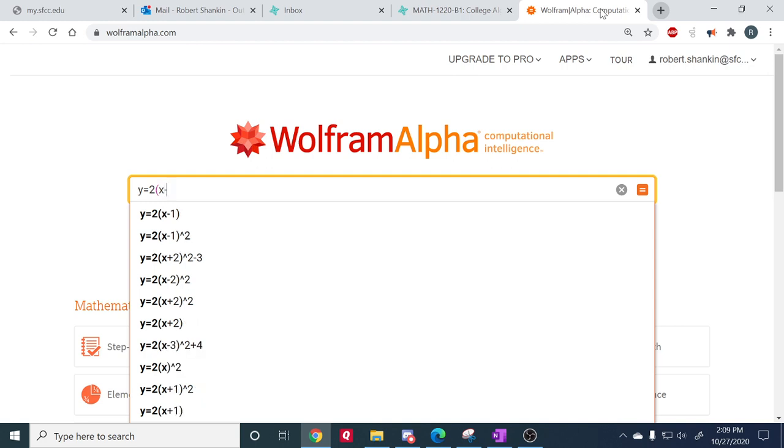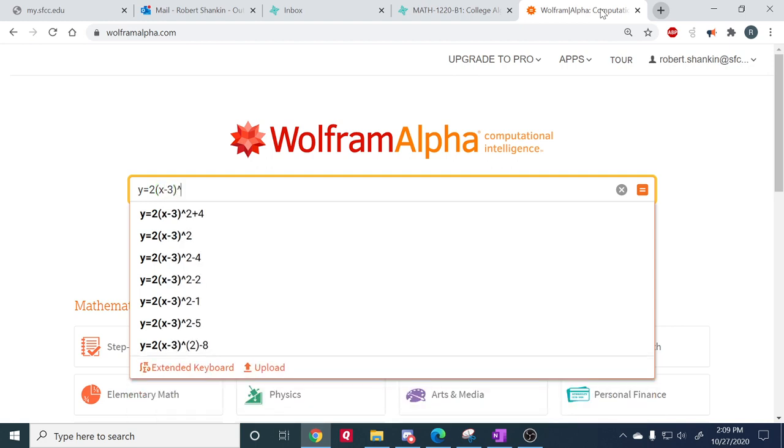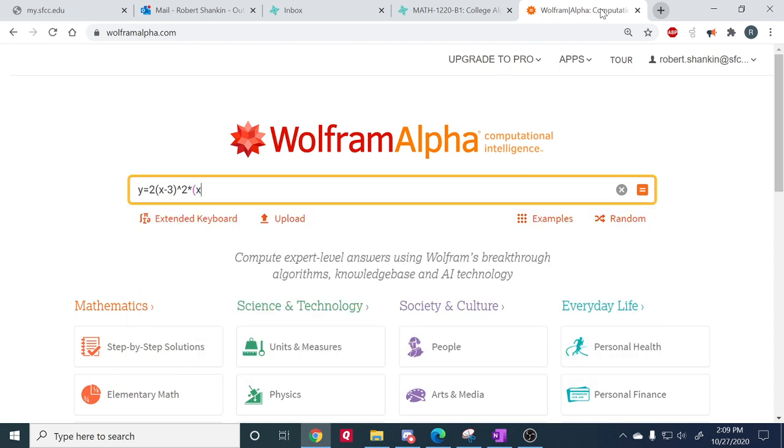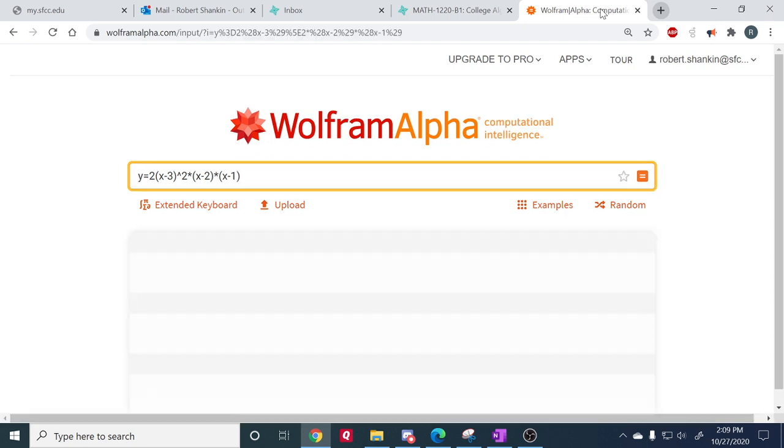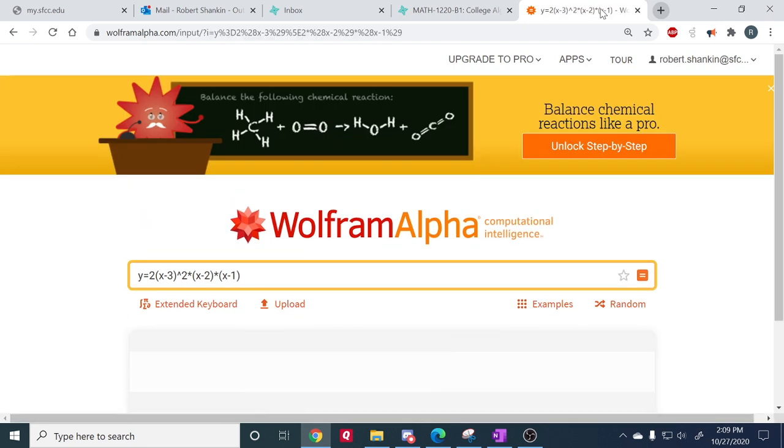x minus 3, up arrow for squaring, times x minus 2, times x minus 1. And I'm going to hit enter. And then it puts it in a nice, easy-to-see form, so yeah, that's what I meant.